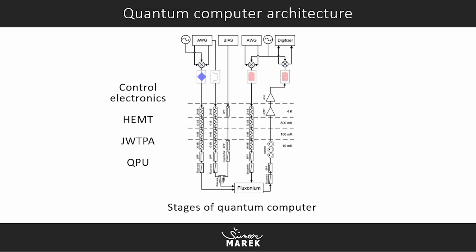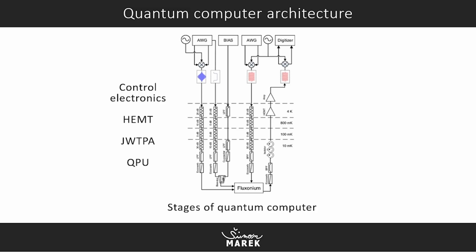Then there is a HEMT, which might be room temperature. Below room temperature RF amplifier, there is a cryo amplifier, which is an RFIC. It is at 800 millikelvin, I think. Then below the cryo RFIC, there is a traveling wave parametric amplifier, which is at 100 millikelvin.